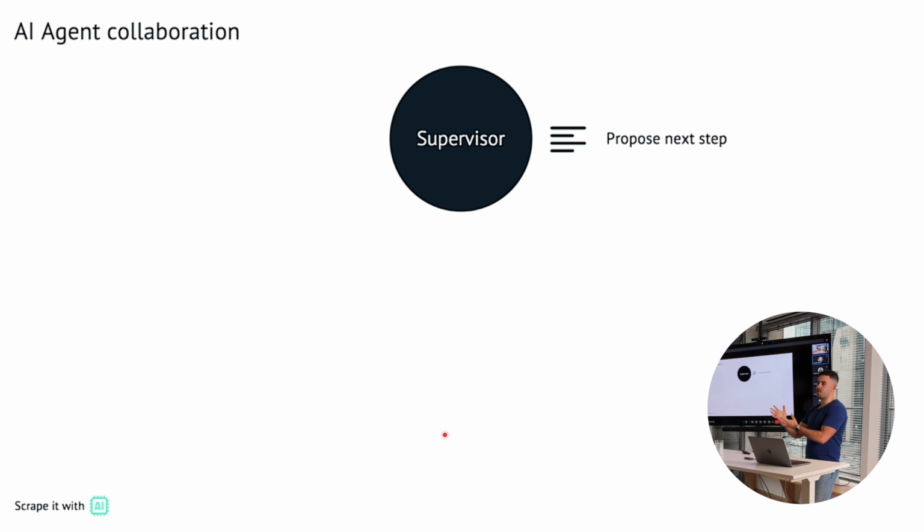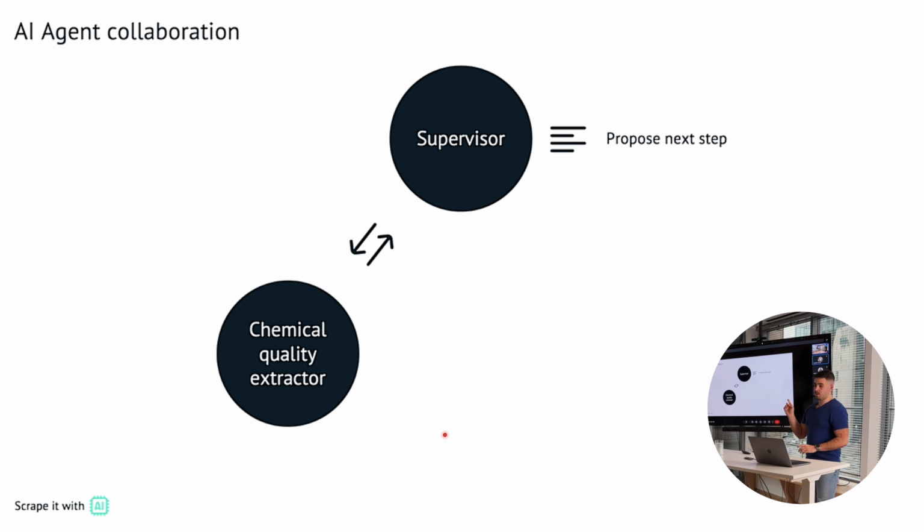It transfers your request to one of your subordinates, which you know will do your job best. So, for example, in this case, it could be some chemical quality extractor. Intentionally, I didn't mention biocide extractor because this network we could use also for other chemicals, which we had to do in this project, for example, formaldehyde, and halogens and stuff like this. So it could do this extraction of this data too.